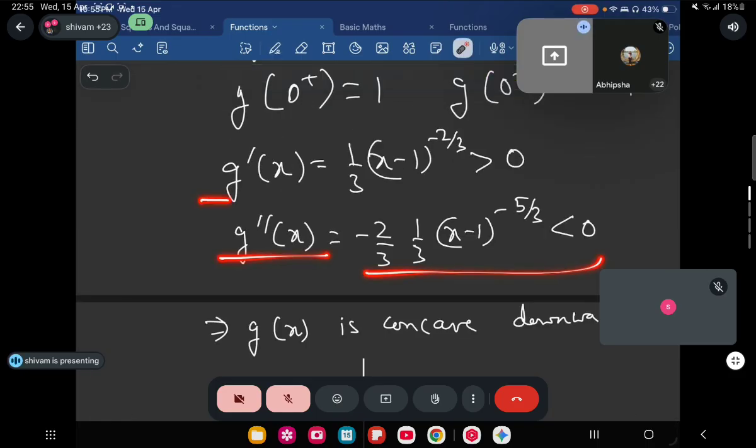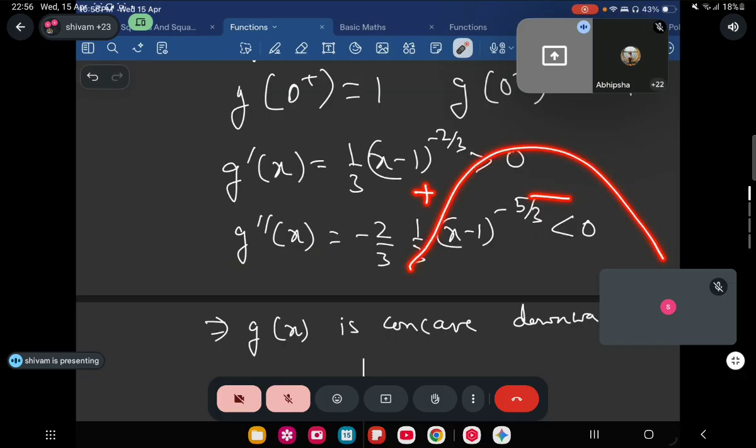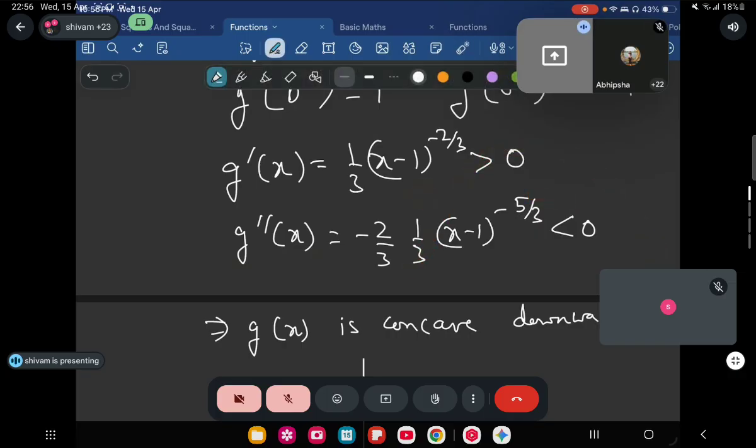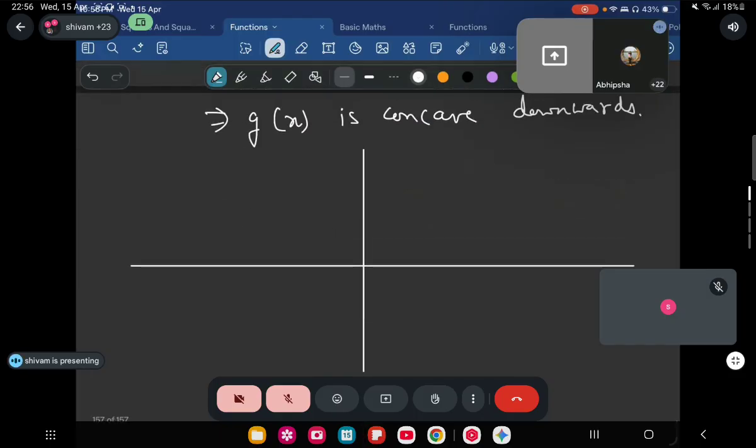Are you getting? That means g dash x is decreasing, right? And g dash x is decreasing, so it will change from plus to minus, right? Do you remember? If it changes from plus to minus, then the graph is concave down, right? We have done this before. Yes, sir. Okay. So this point is 1 comma 0.